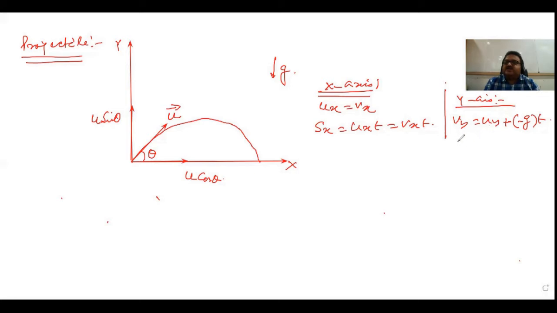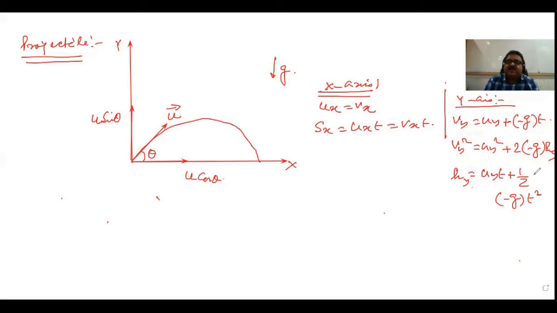Next, v square equal to u square plus 2 minus g into h, okay? And h equal to uyt plus half at square. And this is obviously along which axis? Along y-axis, correct?